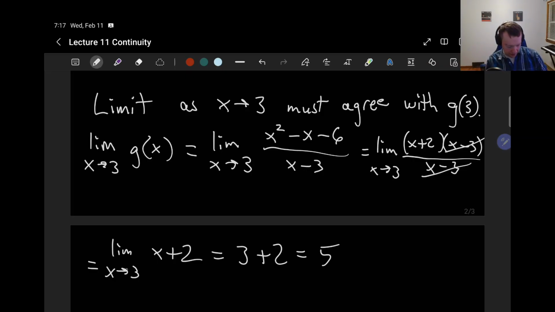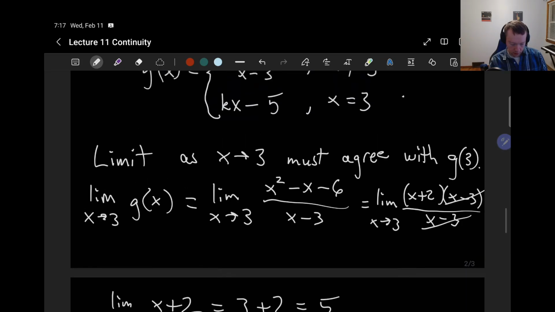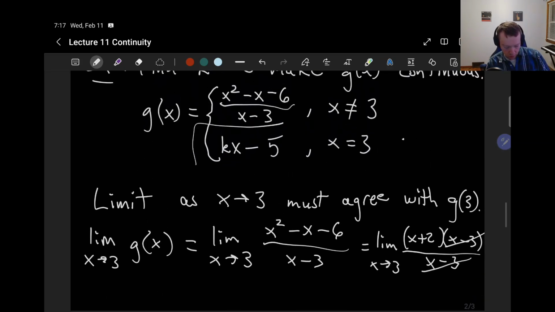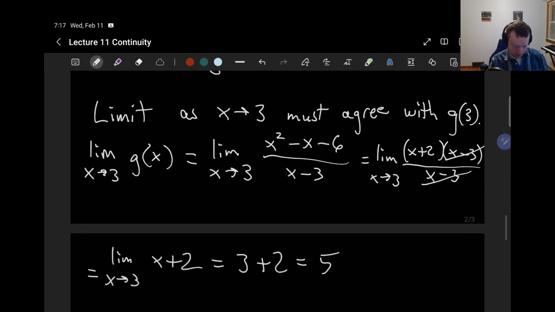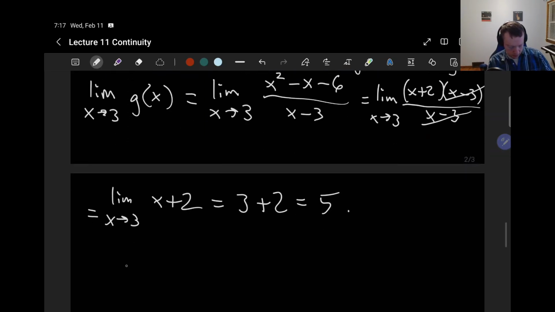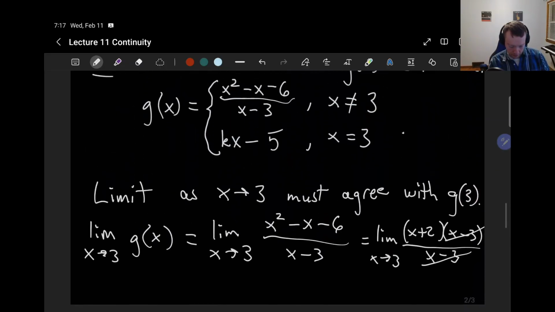So when my x values get very, very close to 3, my function g is approaching the y value of 5. And to be continuous, we want this to be equal to the actual literal g of 3. So g of 3, pardon my scrolling.